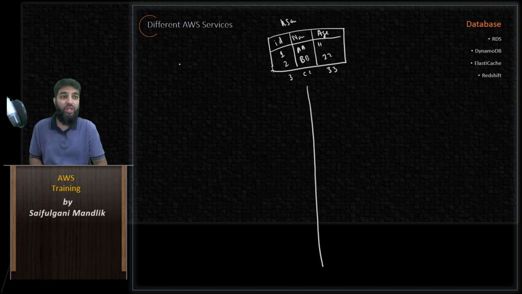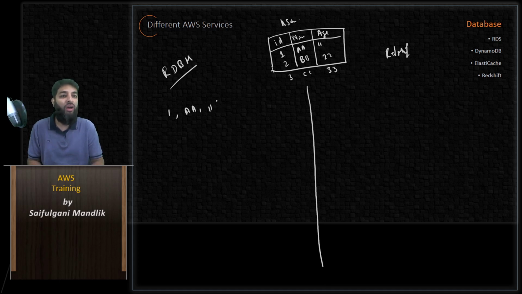Let's say you have a user table in a normal RDBMS versus the same table created in Redshift. When you store this table in a normal RDBMS, all the records of a row are stored together, then the next row, then the next row. So this table will be stored something like this: 1, then a column separator, let's say a comma, then AA, then 11.